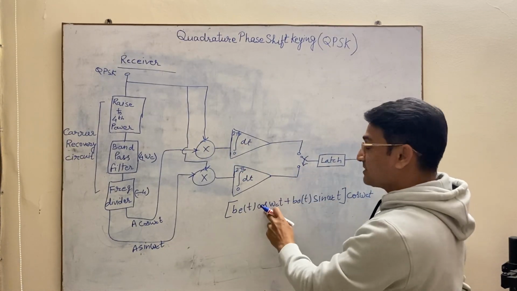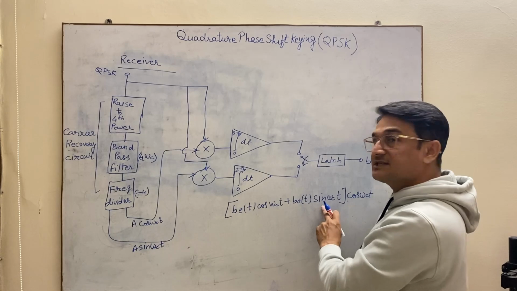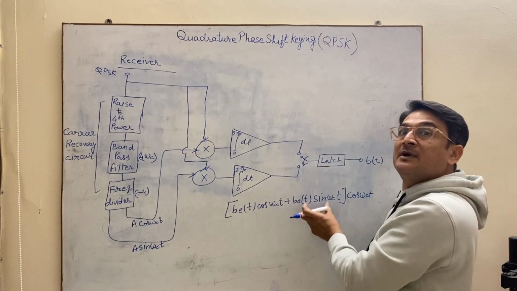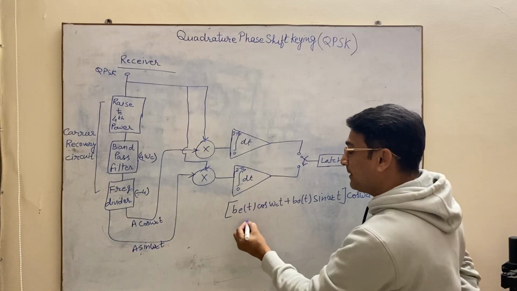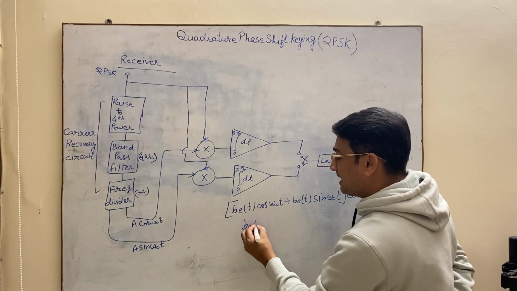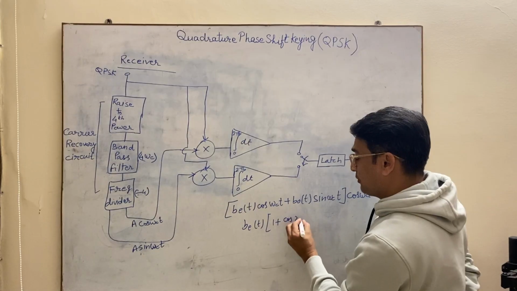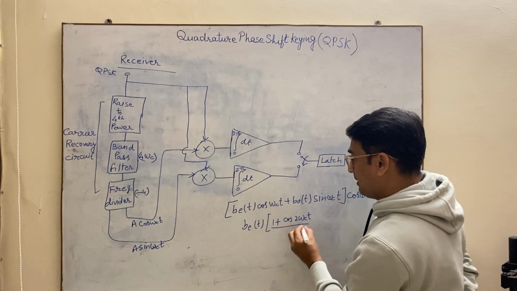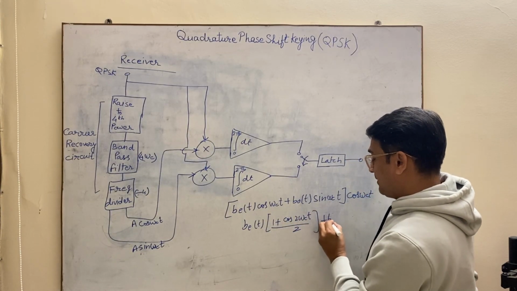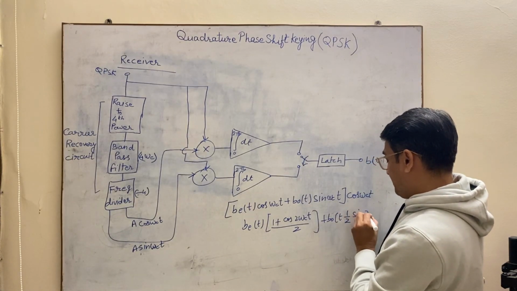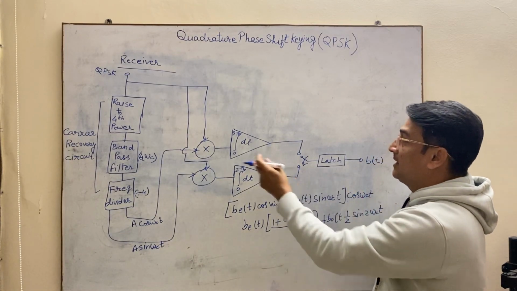So it will be cos square omega ct and sin omega ct cos omega ct. Sin omega ct cos omega ct can become sin 2 omega ct, and this will be BET 1 by 2 plus cos 2 omega ct by 2, plus BOT 1 by 2 sin 2 omega ct.